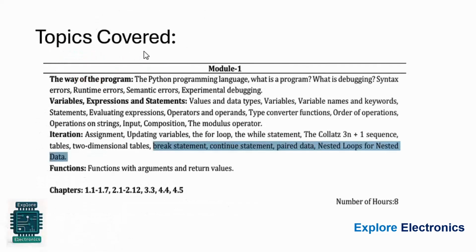Let us see the topics covered once again in this video: the break statement, continue statement, paired data, and nested loops for nested data. These are all the topics I have covered in this video. In part 1 I explained the way of the program. In part 2 I explained the variables, expressions and statements.